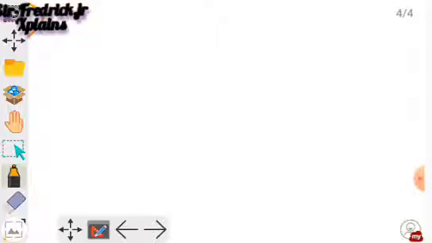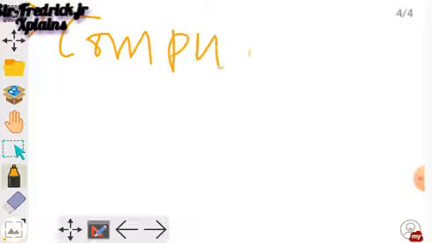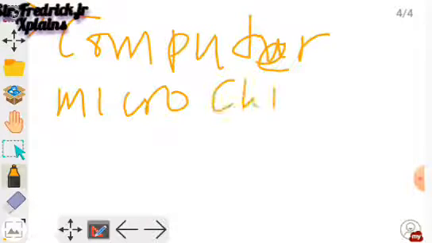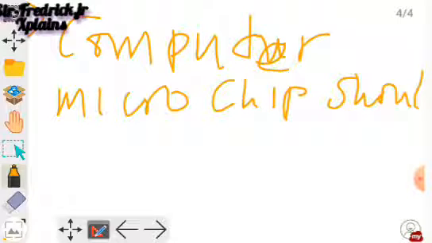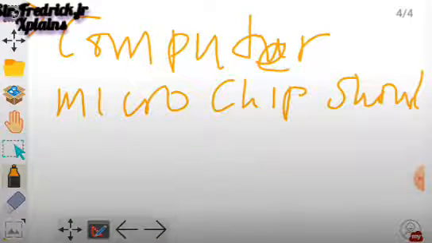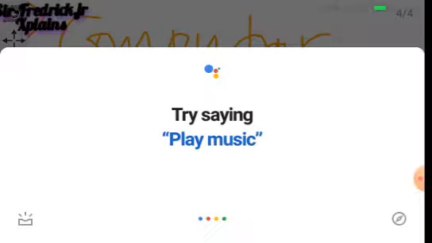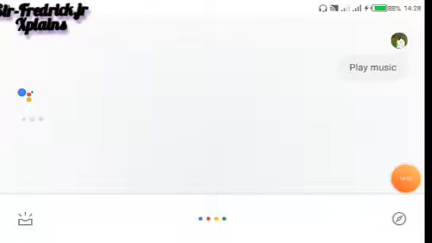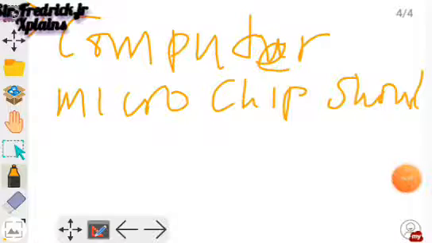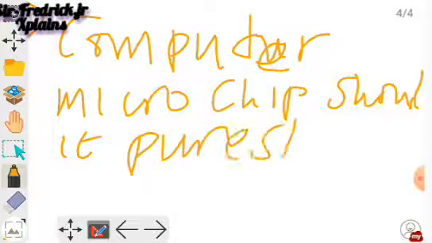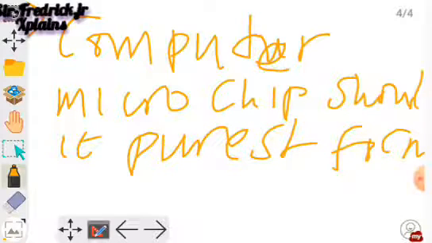For example, a computer microchip should be in its purest form so that it can work well.